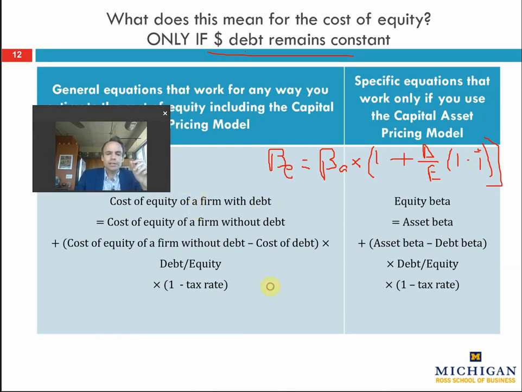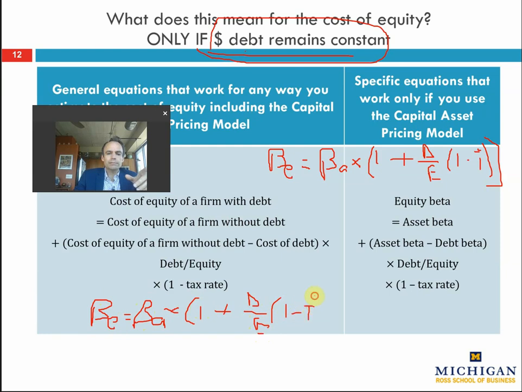We are going to make the assumption that the dollar amount of debt remains constant, as we have here. We're going to say equity beta equals asset beta multiplied by 1 plus the debt to equity ratio times 1 minus the corporate tax rate, minus the debt beta times debt to equity times 1 minus the corporate tax rate.